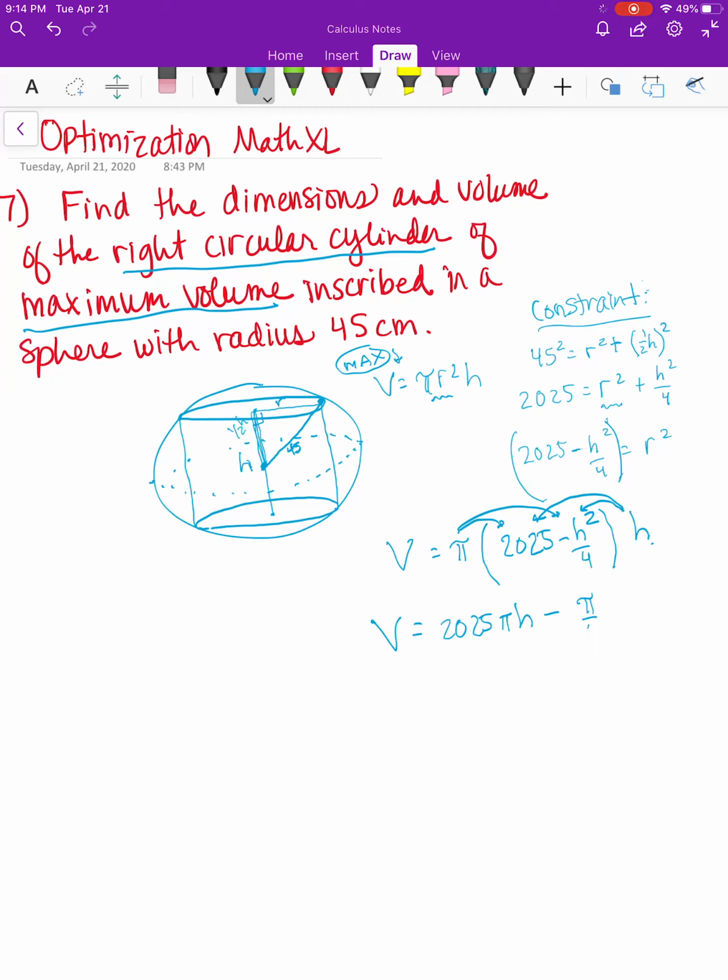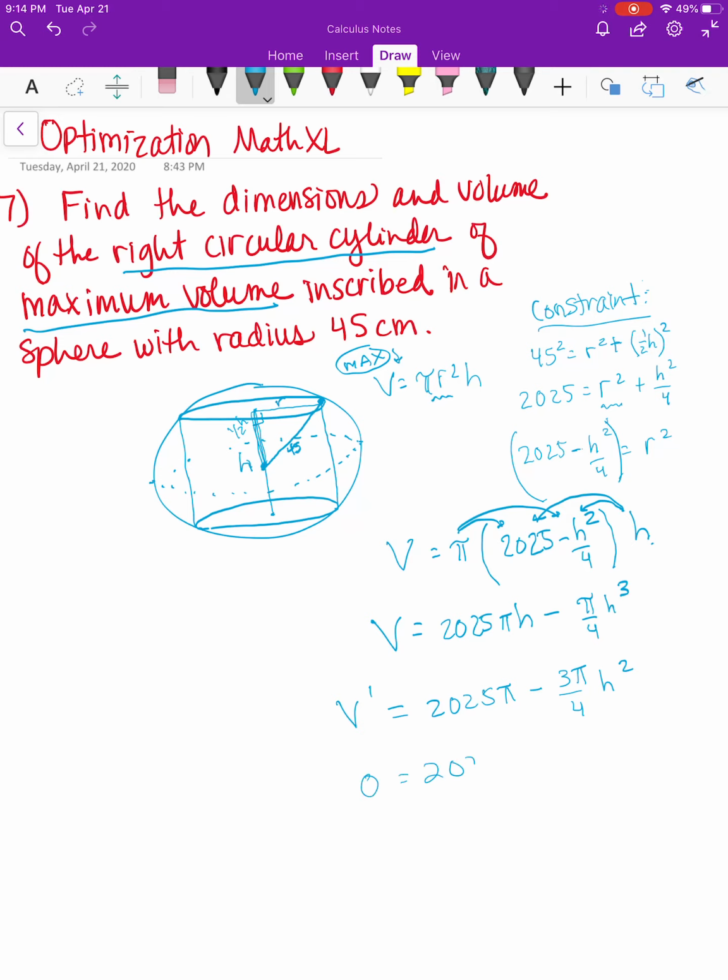And this is pi r squared times h still. So now I want to clean this up before I take the derivative. So I'm distributing the h to both of these terms, but I'm also distributing the pi to both of these terms. So this is going to become 2025 pi times h minus pi over 4 h cubed.